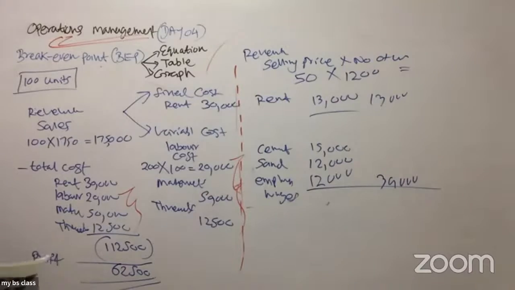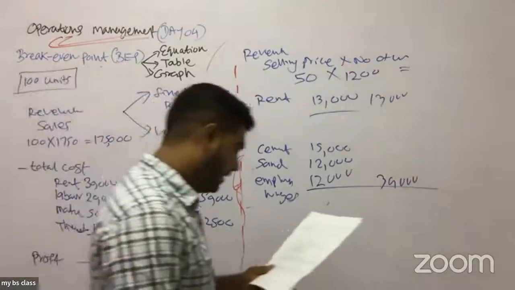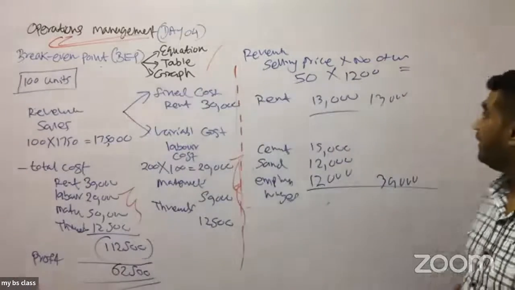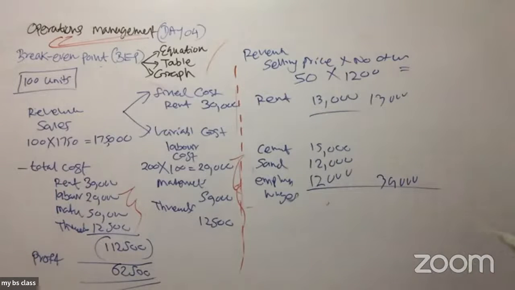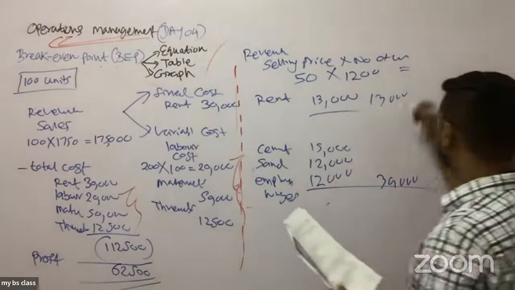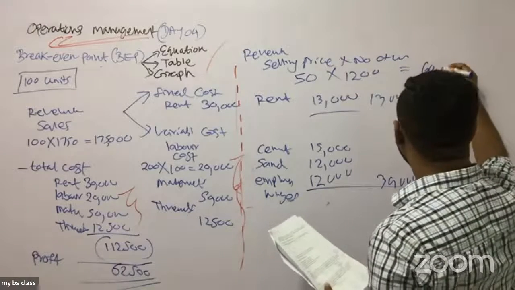From the other side, you get 50 into 1,200, which is 60,000. 60,000 of total revenue.